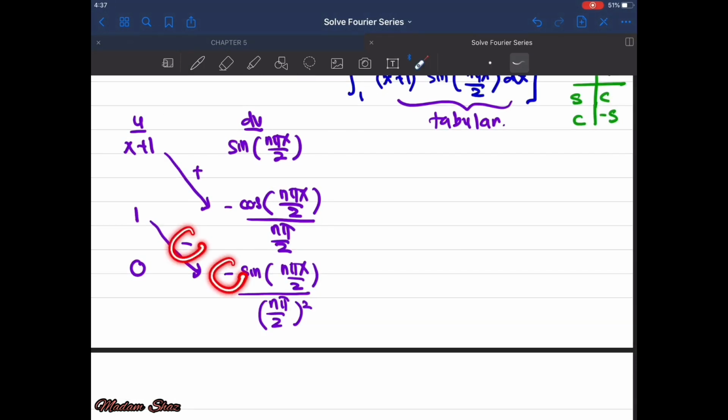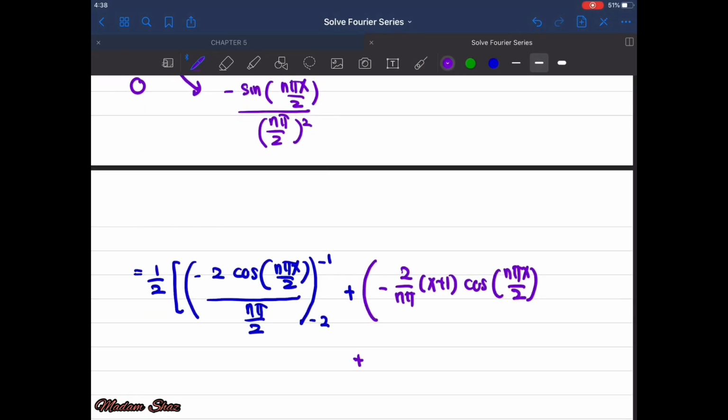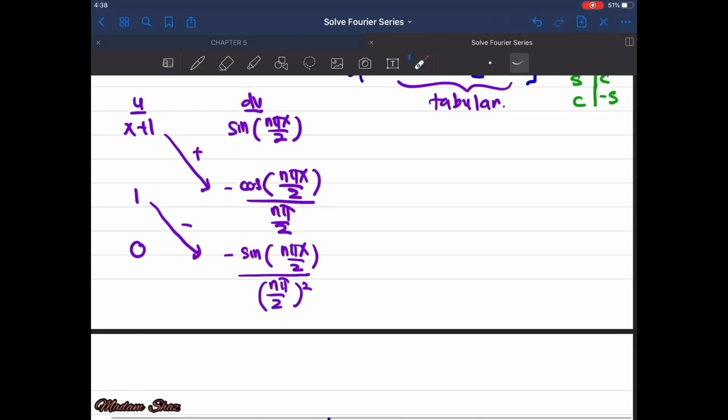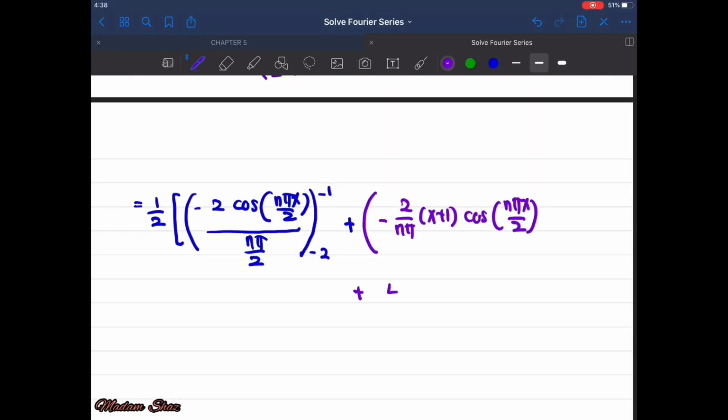Negative and negative will become positive of n pi over 2 the power of 2 will become 4 over n pi square, 4 over n pi square sin n pi x over 2. So close the bracket, the limit from 1 until 2.